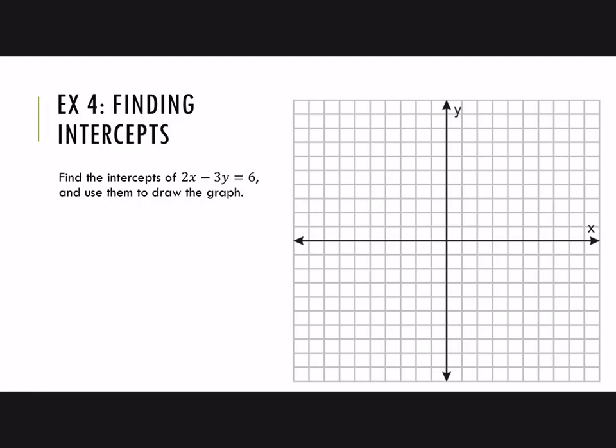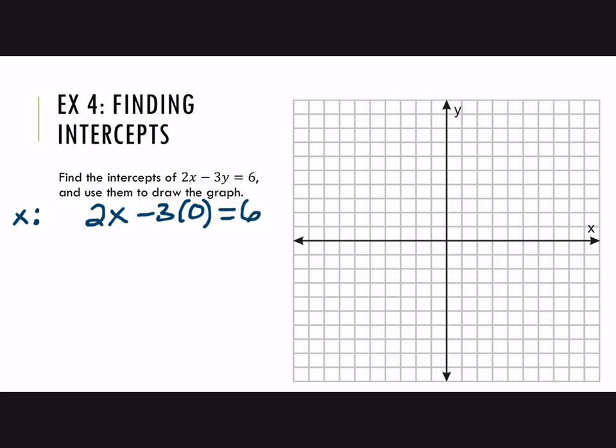So let's try it out. Here's an equation, 2x minus 3y equals 6. Find the intercepts. Let's start with the x-intercept. You substitute 0 in for y, and then solve for x.